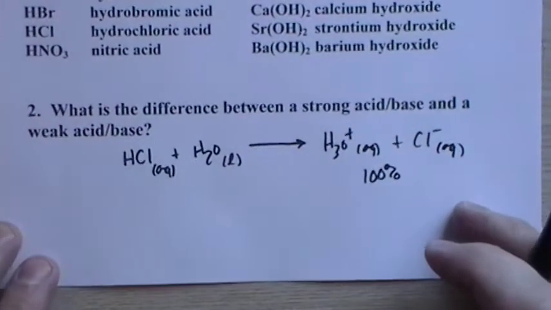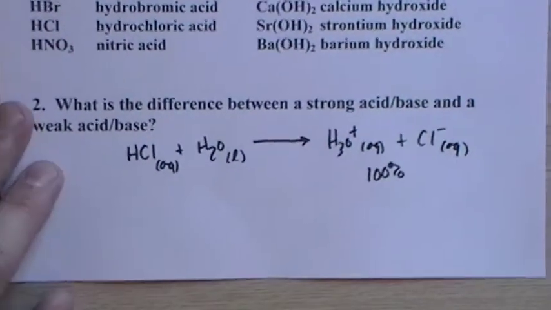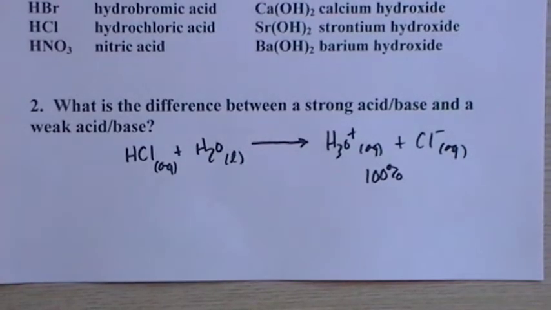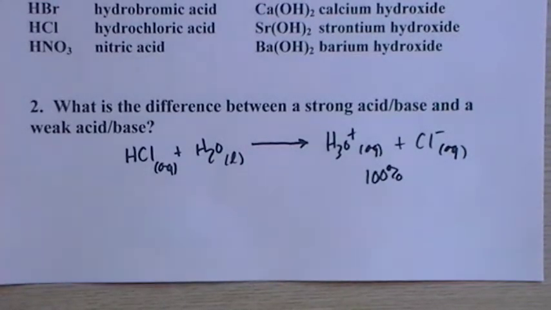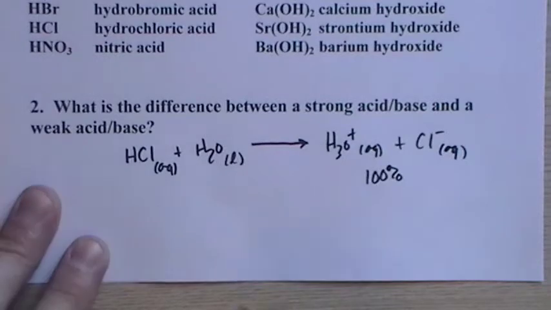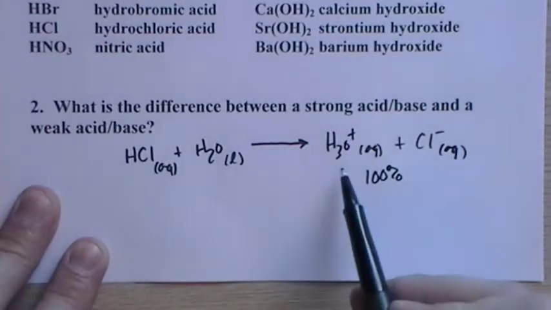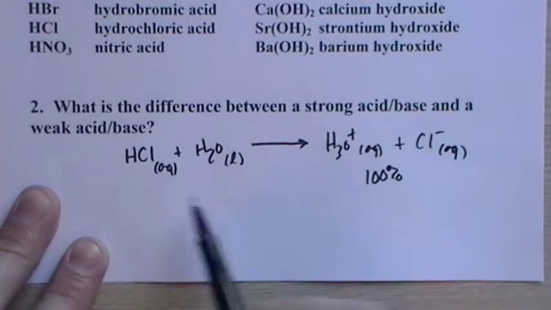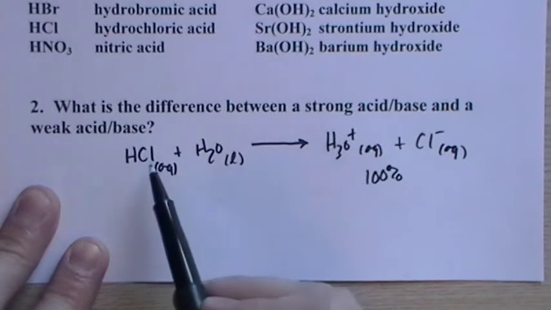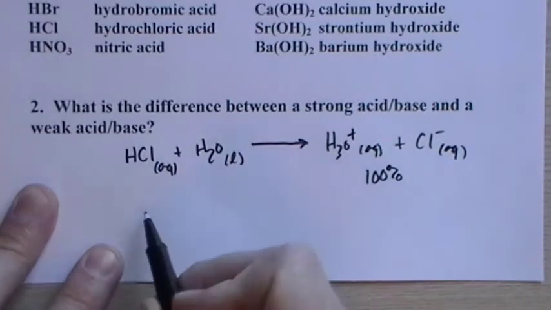There's no HCl left. If you were Superman and you could look down and see individual atoms and ions in the water, you wouldn't find any HCl floating around. Only H3O plus and Cl minus, or like we used to do in 1170, H plus and Cl minus.